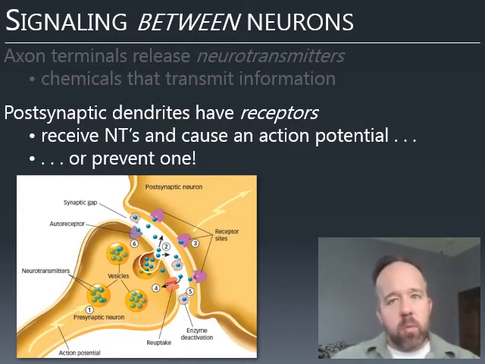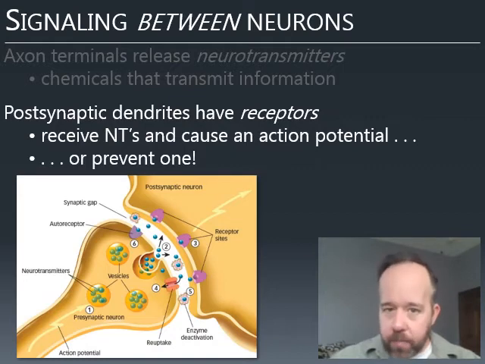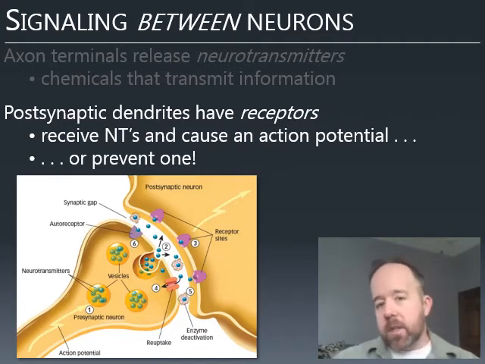But that's one of the most important things about signaling between neurons, is that A, it's chemical, so you're releasing neurotransmitters, but B, depending on the neurotransmitter and the receptor, it's not a guarantee that the postsynaptic neuron will fire as well.